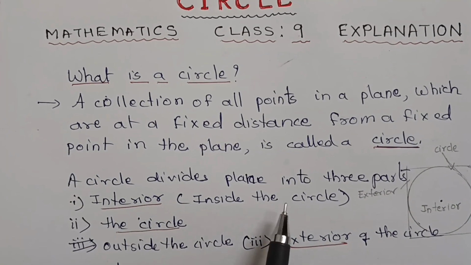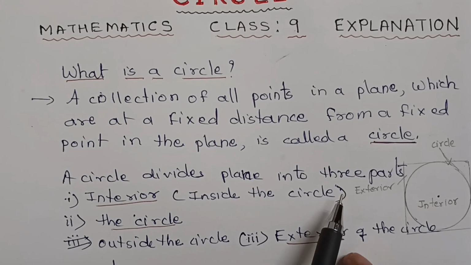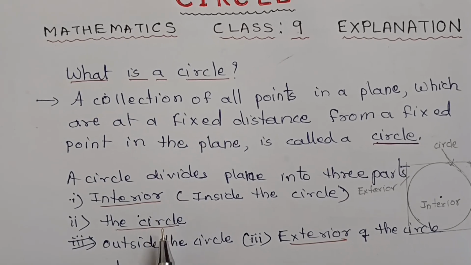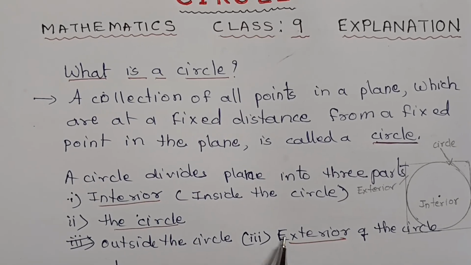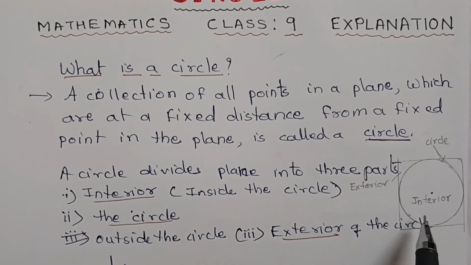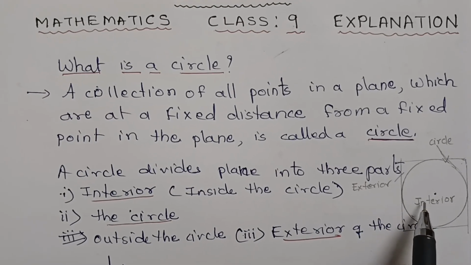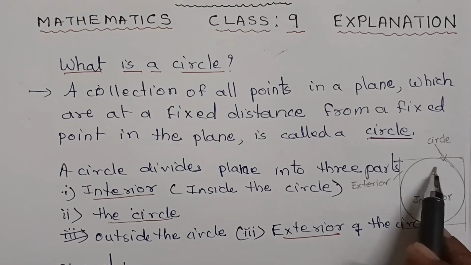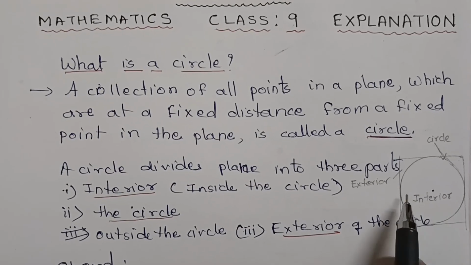A circle divides the plane into three parts: interior, the circle, and the exterior, that is the outside part. Here in this figure we can see the interior. This is the inside part of the circle.